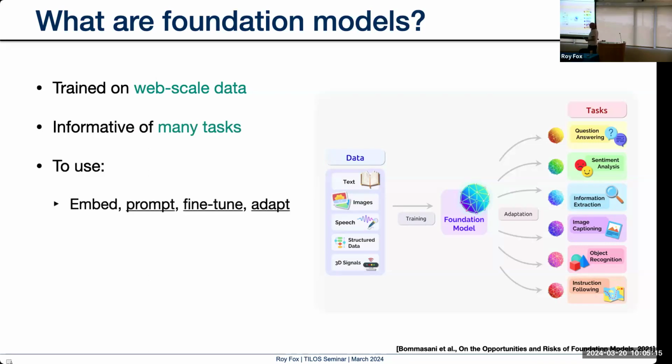To use them, you might want to take their intermediate features as embeddings and build some pipeline on top of that, or prompt them if we're talking about language models. By the way, vision models we can sort of prompt as well, with images. We can fine tune them, which might be hard to do if they're really big.